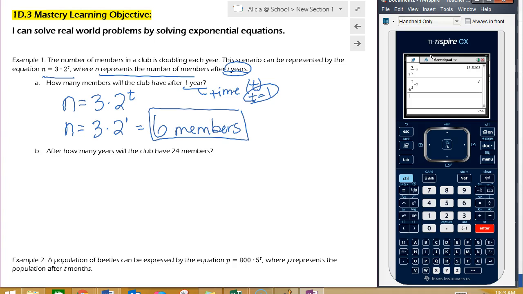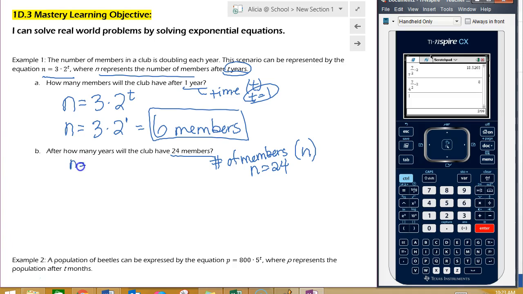Next question, after how many years will the club have 24 members? So this is the number of members, which is represented by the letter n. So this is whenever n equals 24. Now I'm still using that same equation, except I'm going to substitute 24 where I have that n.